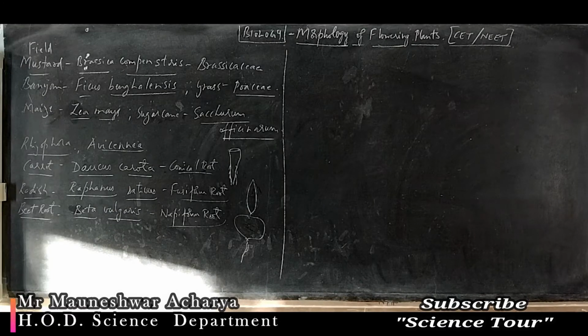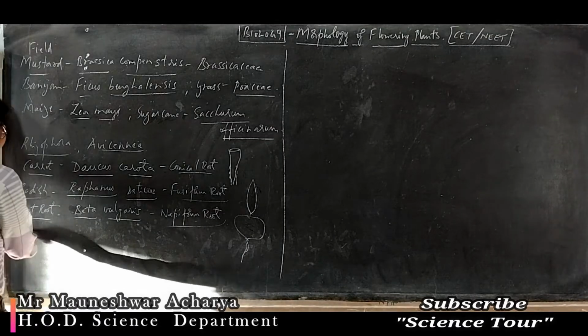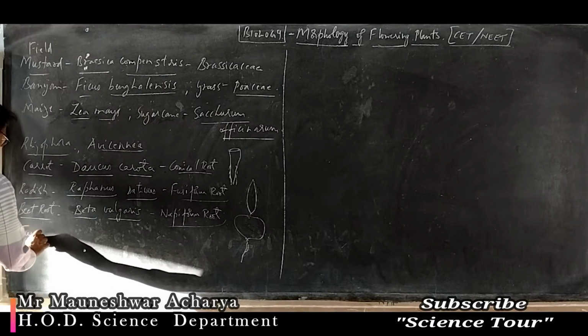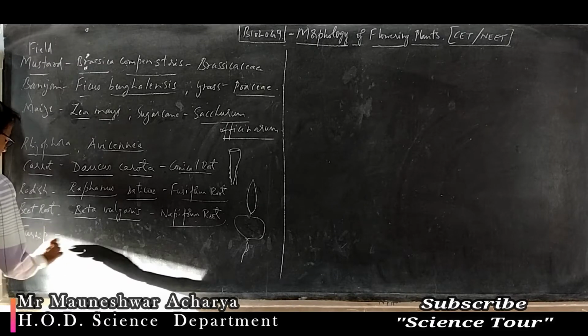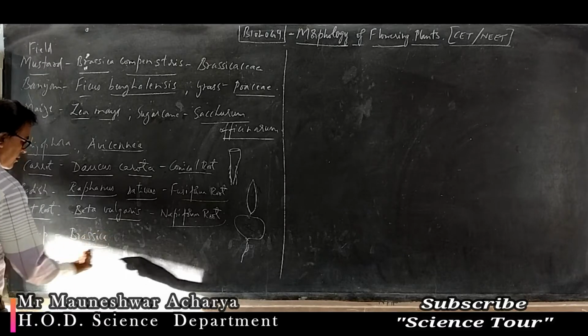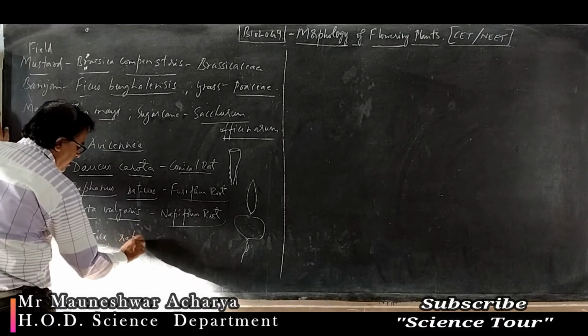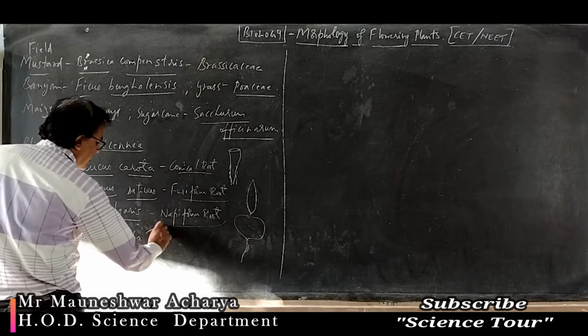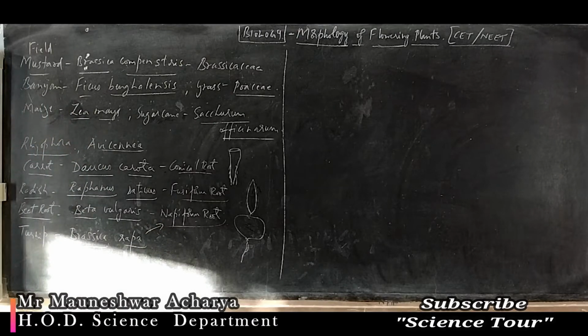Then what are the other examples you have studied? Brassica rapa, turnip. In Kannada it is called navilkosu. It is the same there, that is the napiform root system. So note down, these are all important aspects.